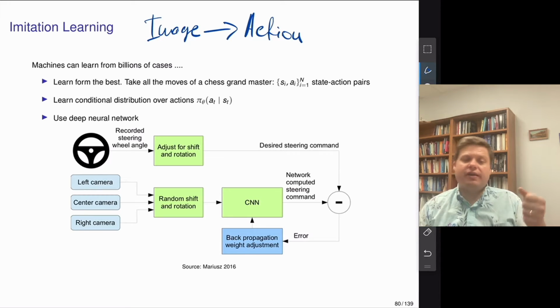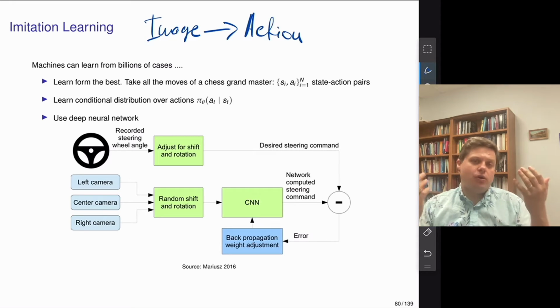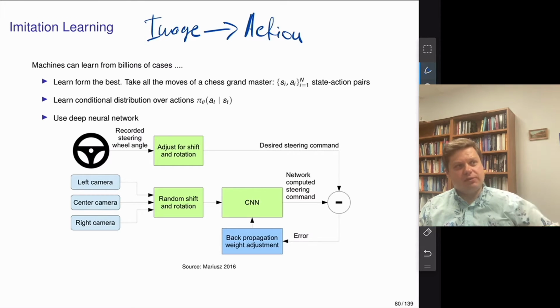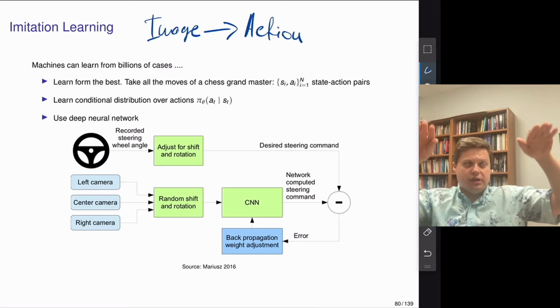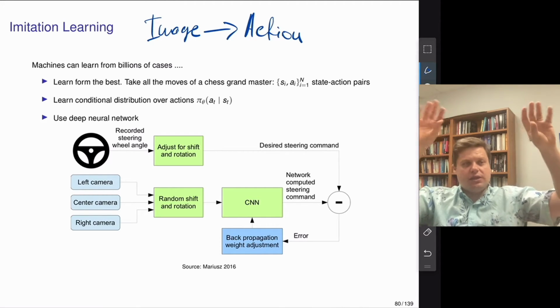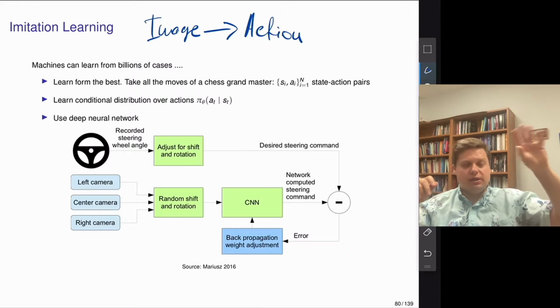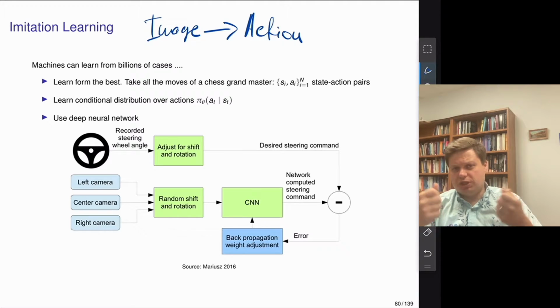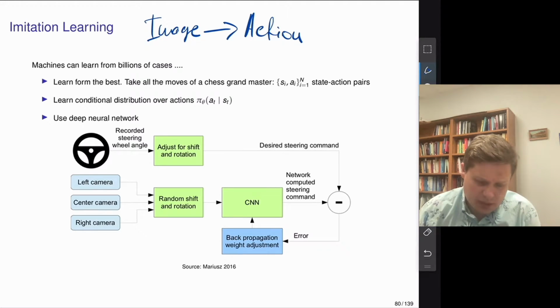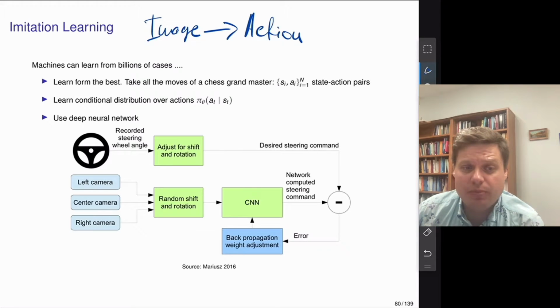So a human driver drives the car, and the cameras take the images, and then you go home and you take all of the sequence of these images, and all of the actions that were done by the driver, so that becomes your input-output pairs. And then you design a neural network, deep learning model, that takes the image as an input and produces action as an output. And the training data set was generated by a human driver. So this approach is called imitation learning. It is powerful, but you basically will be able to imitate this specific driver.